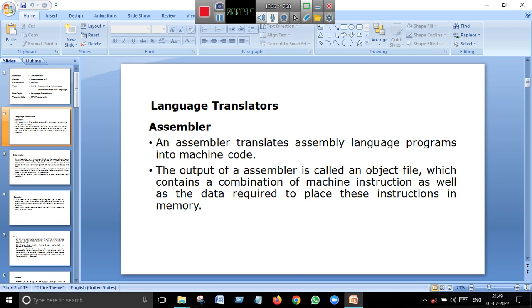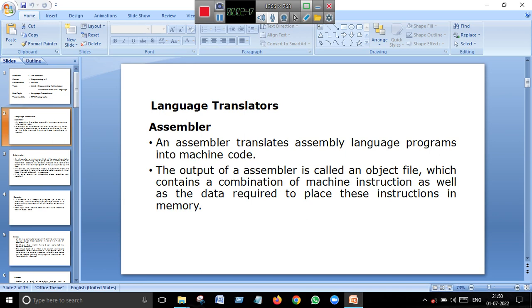And in continuation of that, the present topic is language translators. So what is a language translator? A language translator is a program.